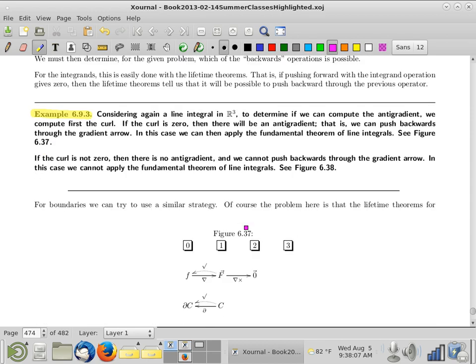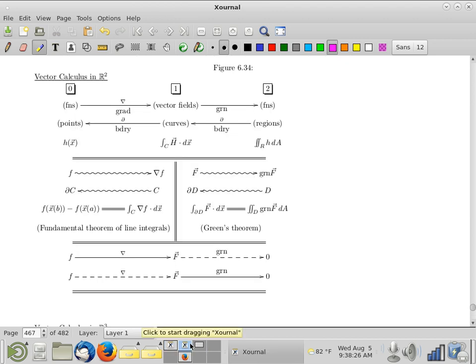Now, conveniently, we have a method. Given a vector field, if you're trying to decide if you can find an anti-gradient, we have a method for that, which is to compute the curl and see if you get 0. All right, that's one of our lifetime theorems. So again, the diagram tells you what to do. Let me go back to the R3.